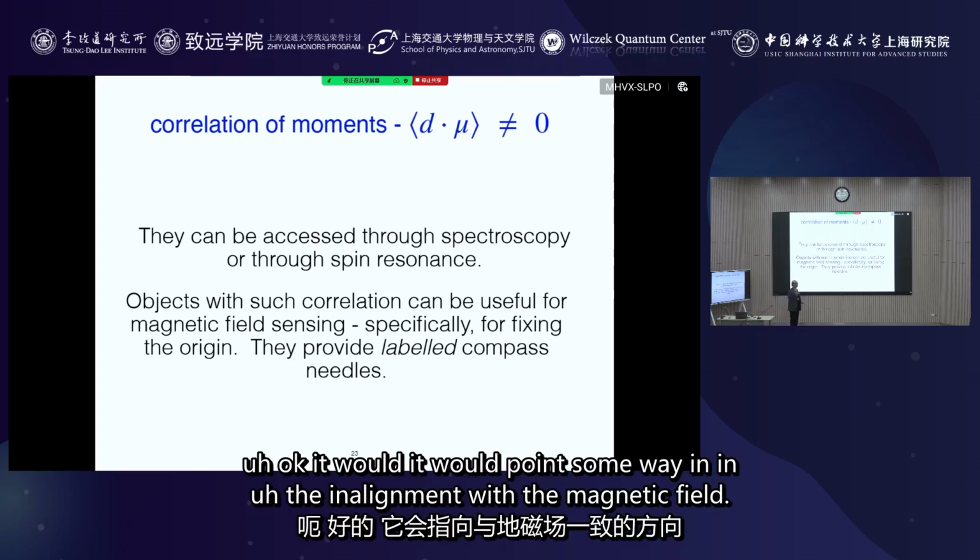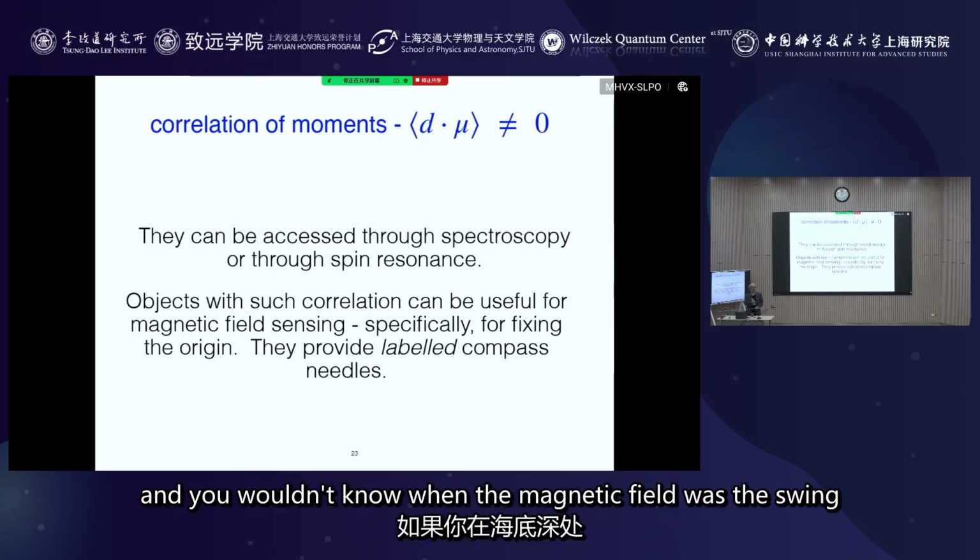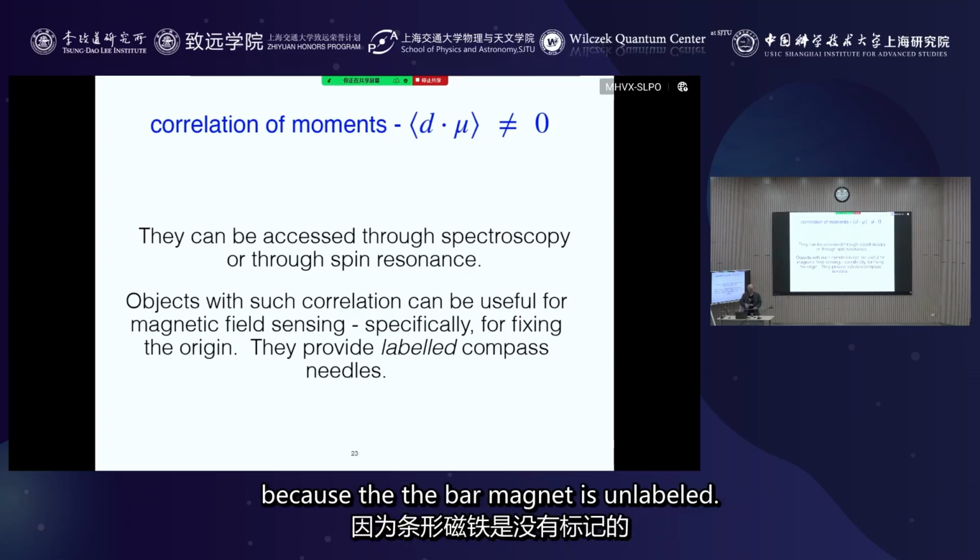It would point some way in alignment with the magnetic field, but if you were deep under the ocean, you wouldn't know whether the magnetic field was this way or that way, because the bar magnet is unlabeled.